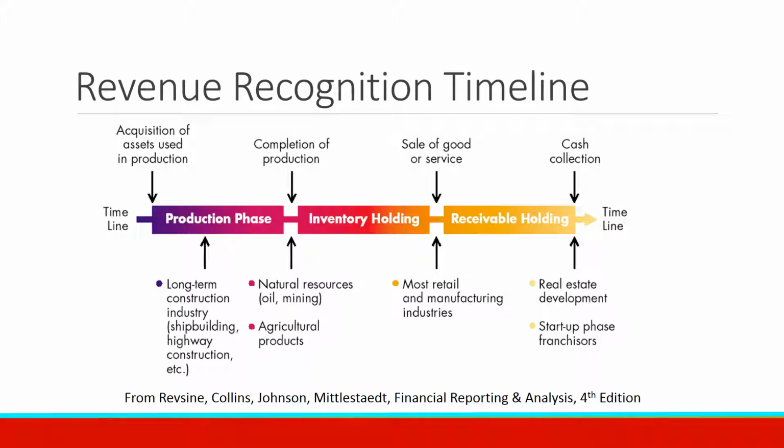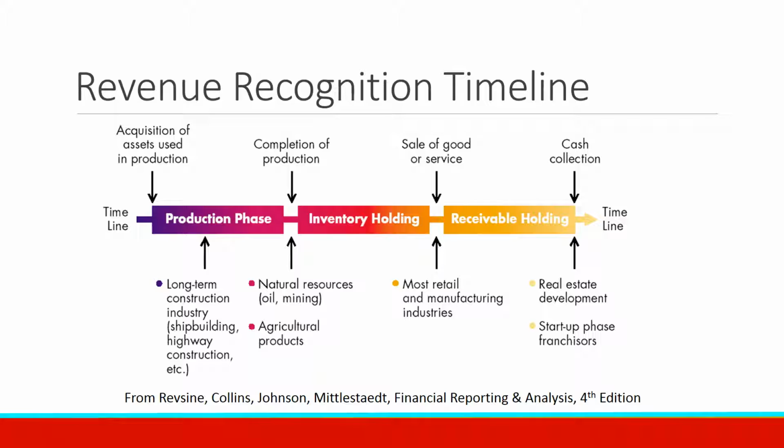The vast majority of instances is when that transition occurs between inventory and receivable. So you can see the arrow pointing down at that point in between the inventory holding and the receivable holding periods, the sale of goods and services. And so that's when most retail and manufacturing industries recognize revenue.